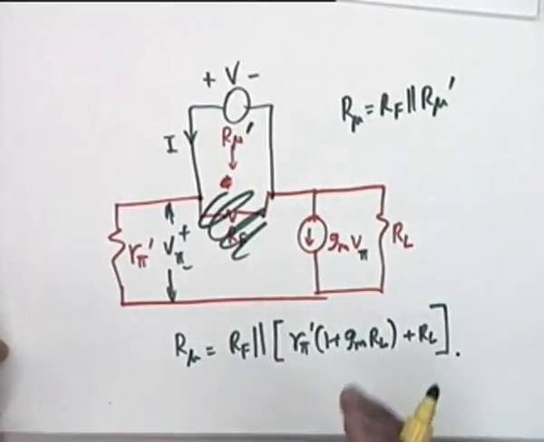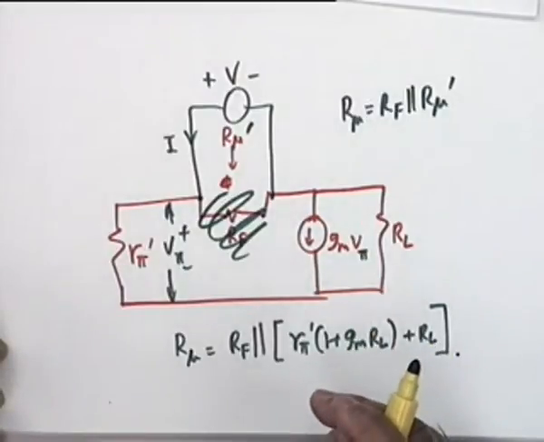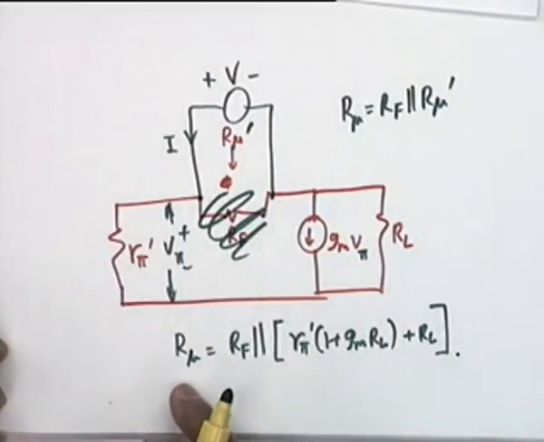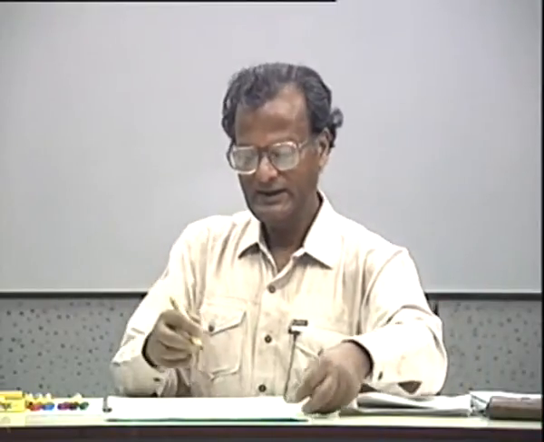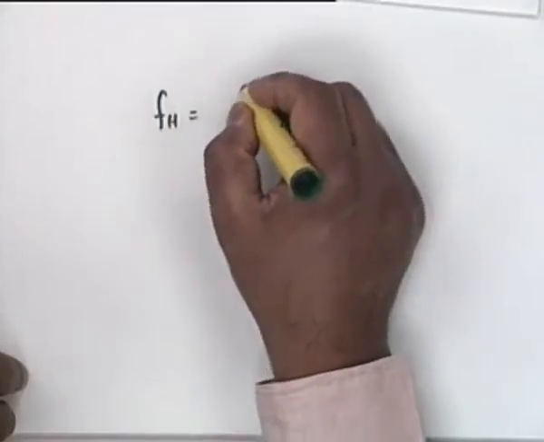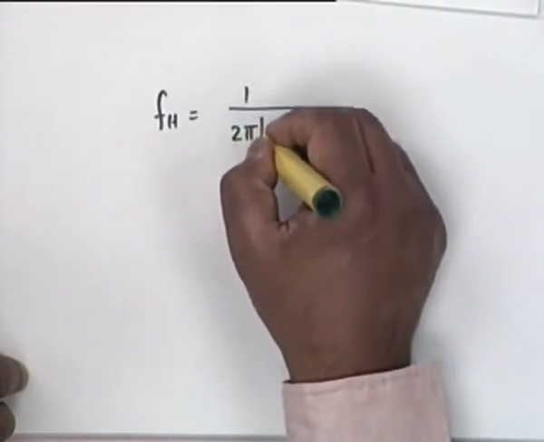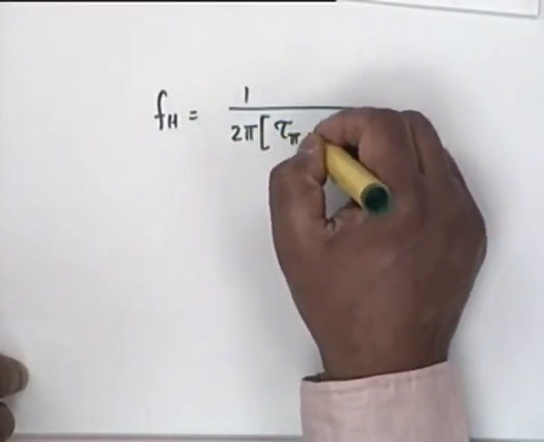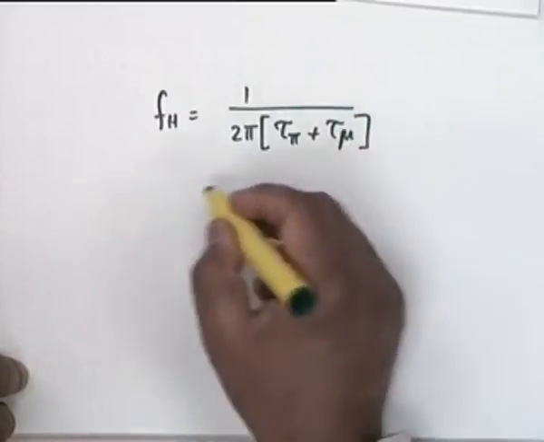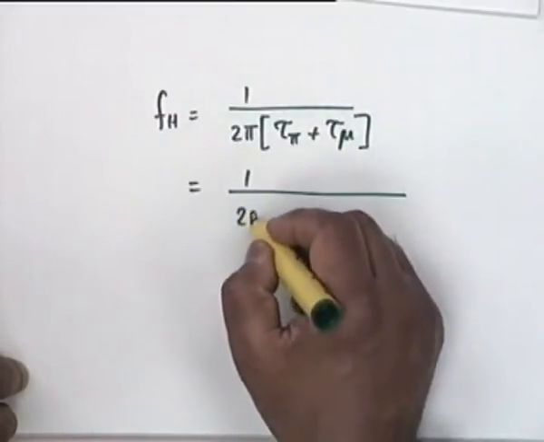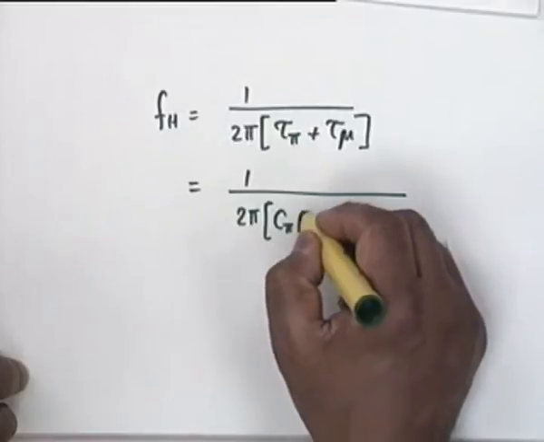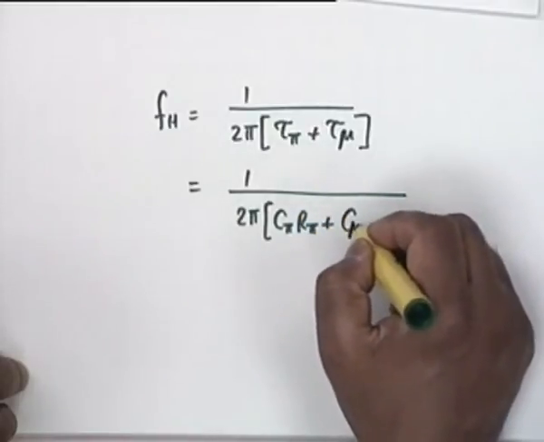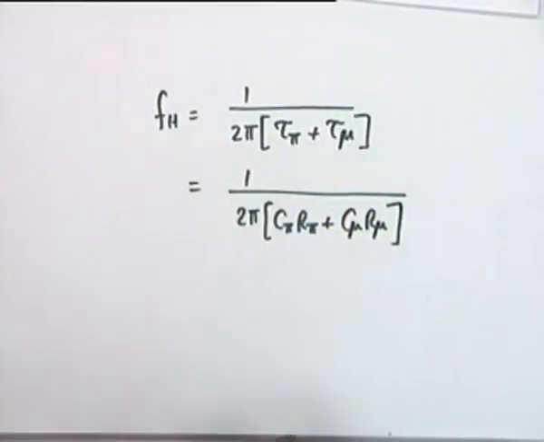So you know capital R pi, and you know capital R mu, and therefore you can calculate the two time constants, and FH would be equal to 1 over 2 pi times tau pi plus tau mu, that is 1 over 2 pi times C pi R pi plus C mu R mu.